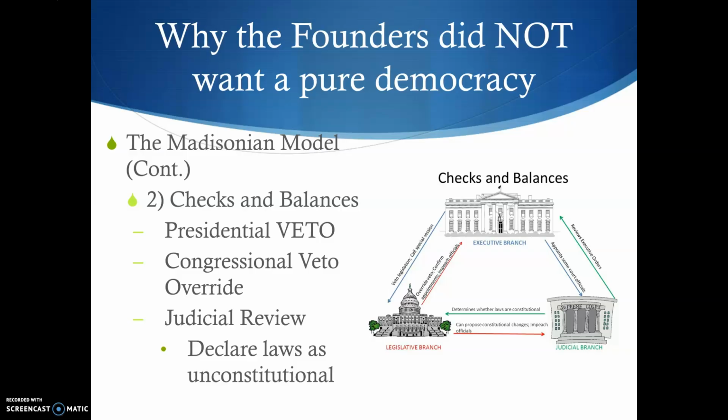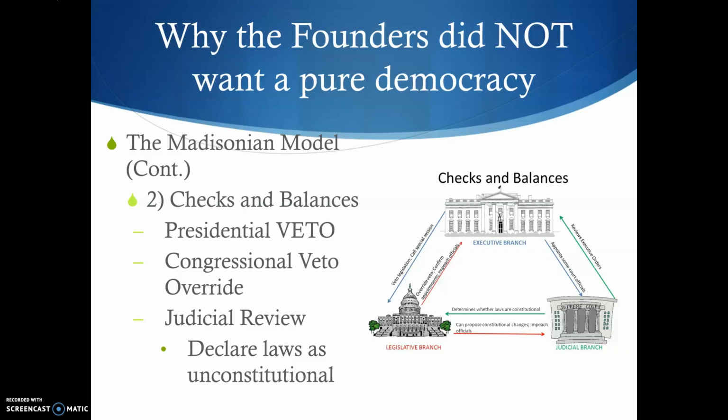If a law is in direct conflict with what the court says the Constitution means, that law becomes null and void. It's thrown out. And it's the court that gets to decide what the Constitution and the law means, which means they have the power to take a law passed by Congress, approved by the president, and simply throw it out. Now, you have to understand, this is not a step in the process of a bill becoming a law.